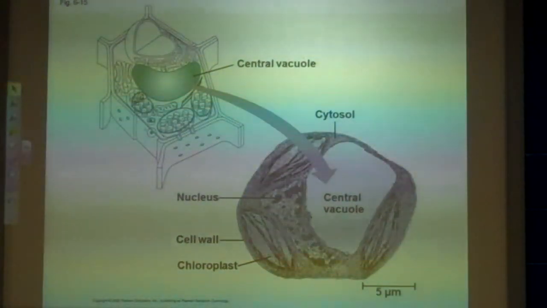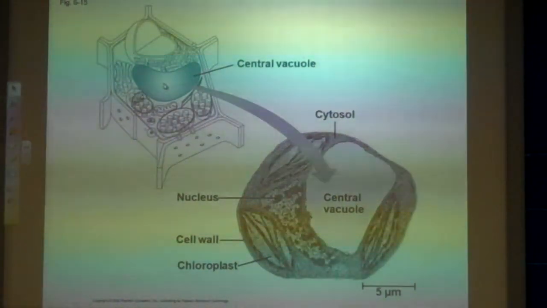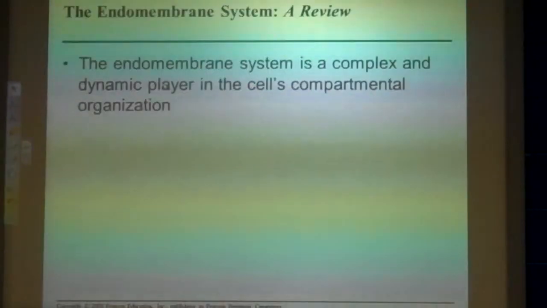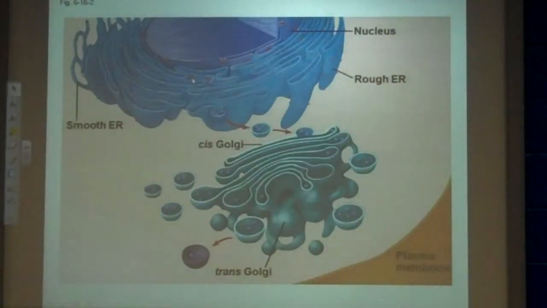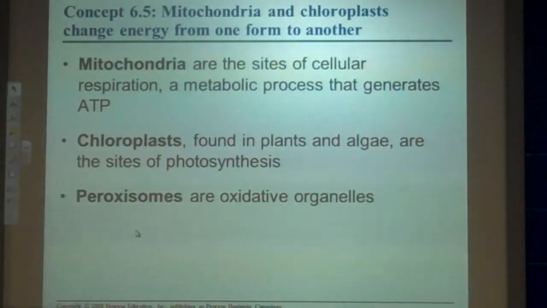No, Paramecium. We already talked about the function of the central vacuole in plants. Here's our endomembrane system, ER to Golgi, then Golgi could go straight to the plasma membrane or could go to lysosome or vacuole. Good with that?